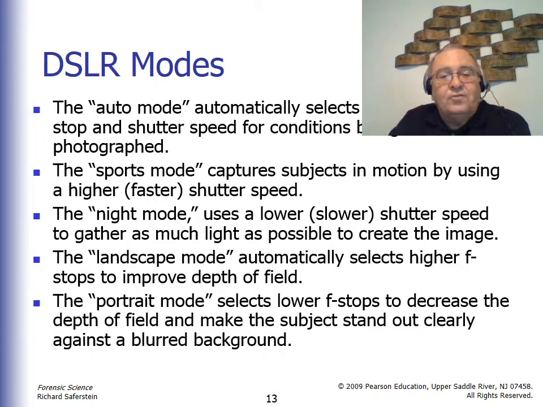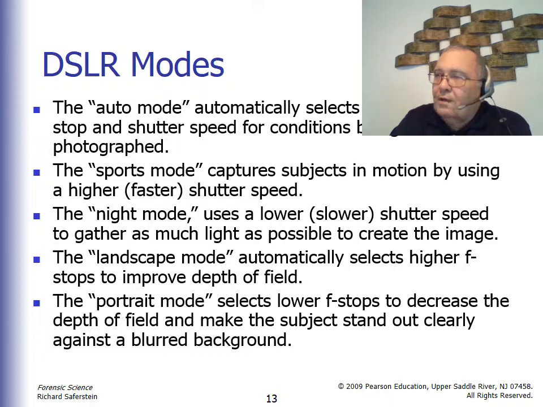Other things, like I just talked about, are sports mode, night mode, landscape mode, and portrait mode. You're not going to be using these in class. You're going to be making your own settings.